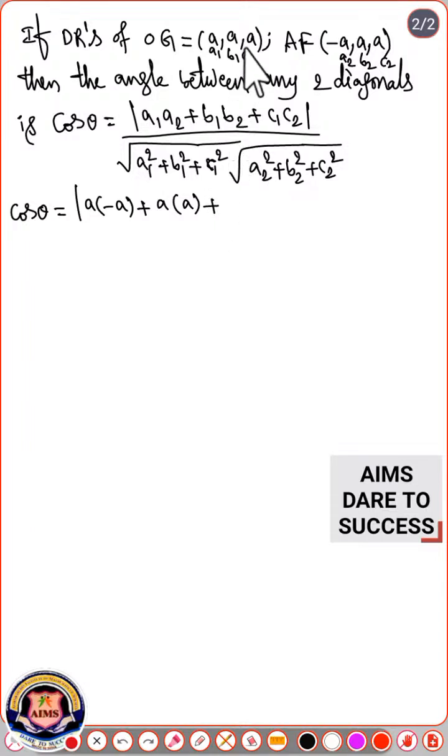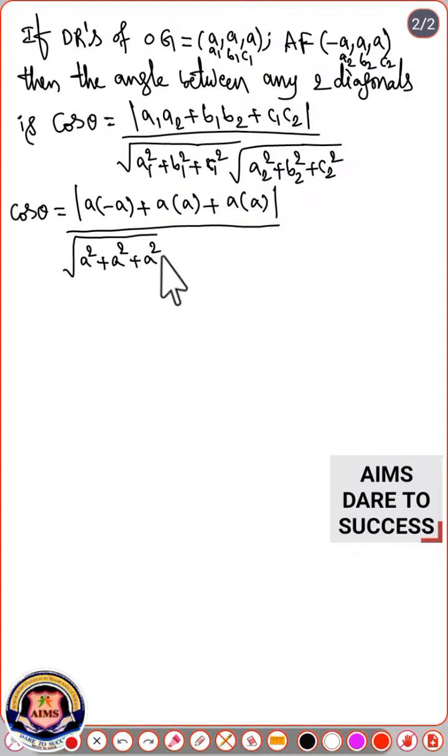A plus C1 is A, C2 is A, whole divided by under root A1 square, A square, plus B1 square, A square, plus C1 square, A square, into under root A2 square, A2 value is minus A, whole square, plus B2 square, A square only, plus C2 square, that is A square.